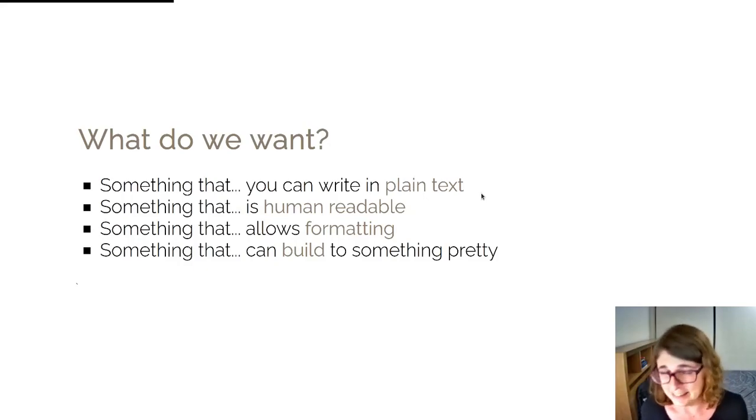And ideally, because we like pretty things, although our document should just be a plain text file and really simple, it would be nice if there was some way of having it build into something pretty, so that at the end you could get an HTML file or a Word doc or something like that. That's what we want Markdown to do.